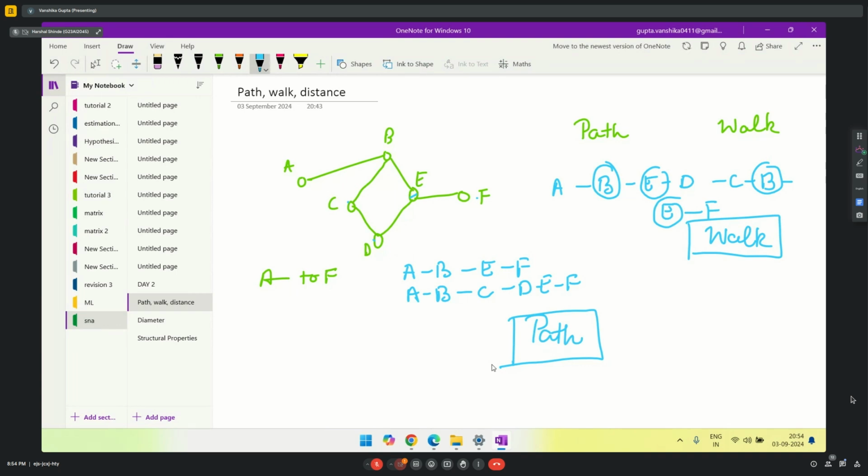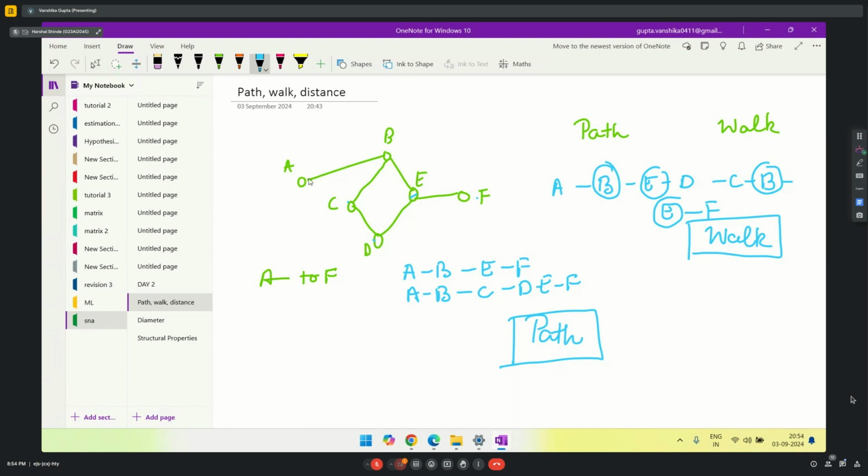When you're traveling from one point to another, you can repeat a node. For example, you are in a city, you are new to the city, and you do not know the way from one point to another. So it may happen that you are circling around the same point again and again because you don't know the exact path, right?